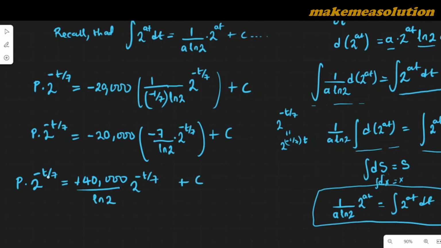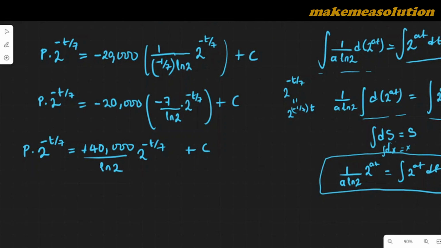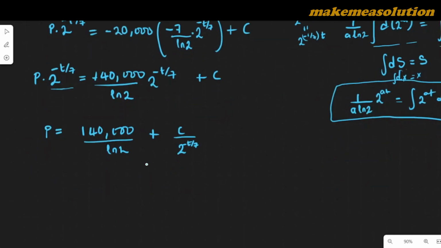If we divide through by this particular term over here, 2 raised to the power of minus t over 7, we'll have p is equal to 140,000 over ln 2, since 2 raised to the power of minus t over 7 cancels out. Then you now have c divided by 2 raised to the power of minus t over 7. If you apply the law of indices, 1 all over 2 raised to the power of minus n is equivalent to 2 raised to the power of n.